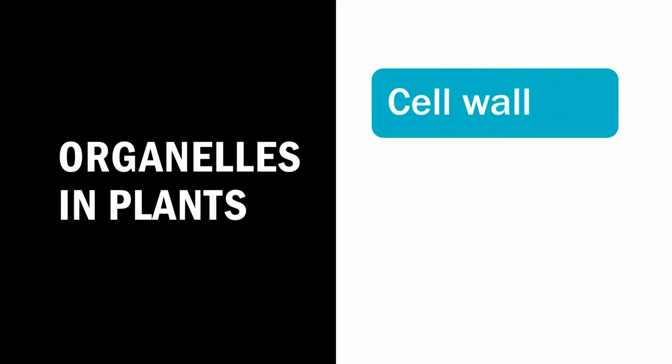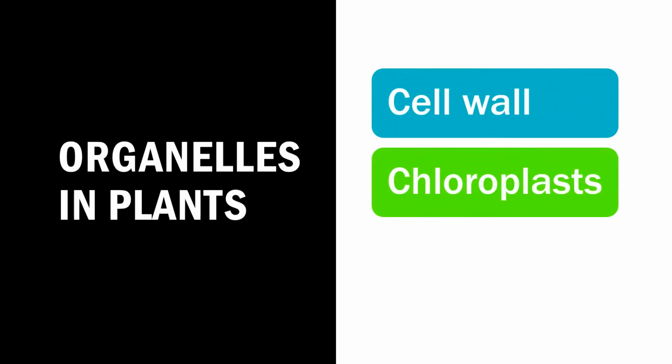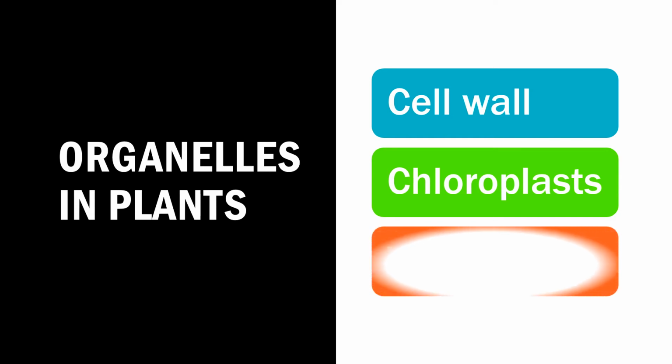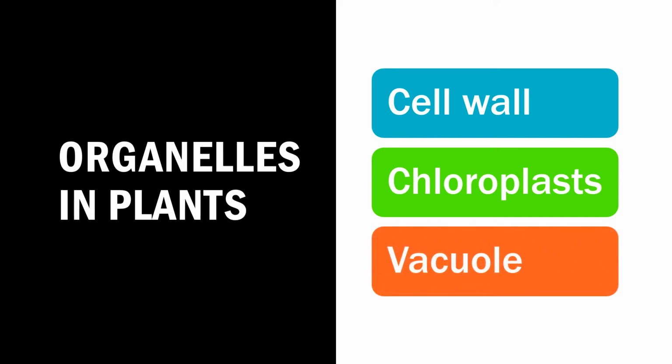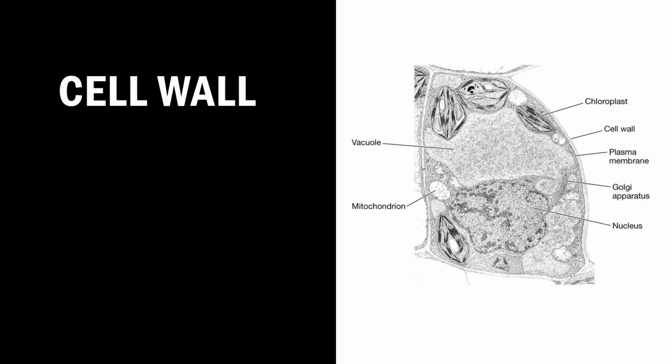One of the most significant differences is that plants have a cell wall. Another thing is that plants have chloroplasts, and plants have vacuoles, or to be specific, a large central vacuole. The cell wall is a tough, rigid outer covering that protects a plant cell and helps it maintain its shape.